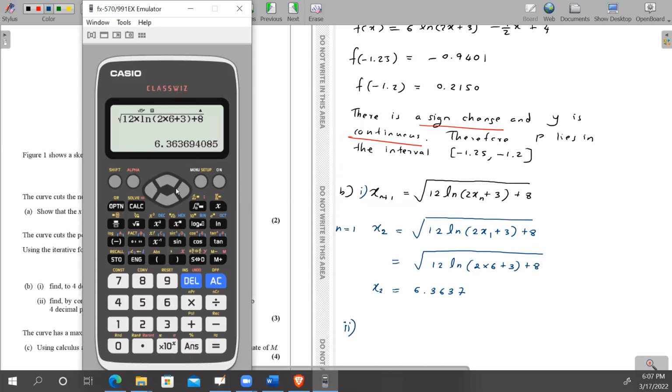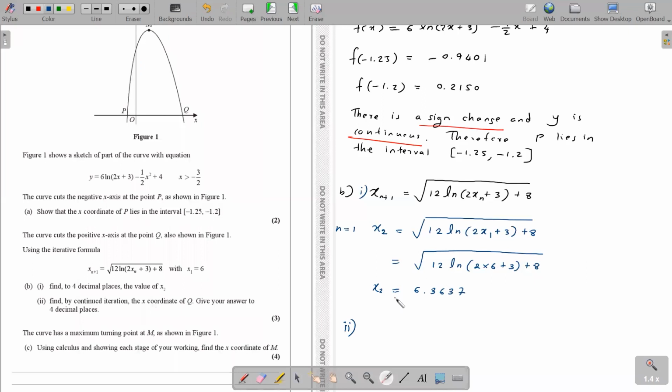After you come to this point, you take the cursor and move it. To get the next iteration, I need to substitute the x with the answer. If I want x3, that means root of 12 ln(2x2 + 3) + 8, because I replace n with 2. I have to replace my x2 here. So the x2 answer is this, the x2 answer in its entire form, not just the 4 dp value.